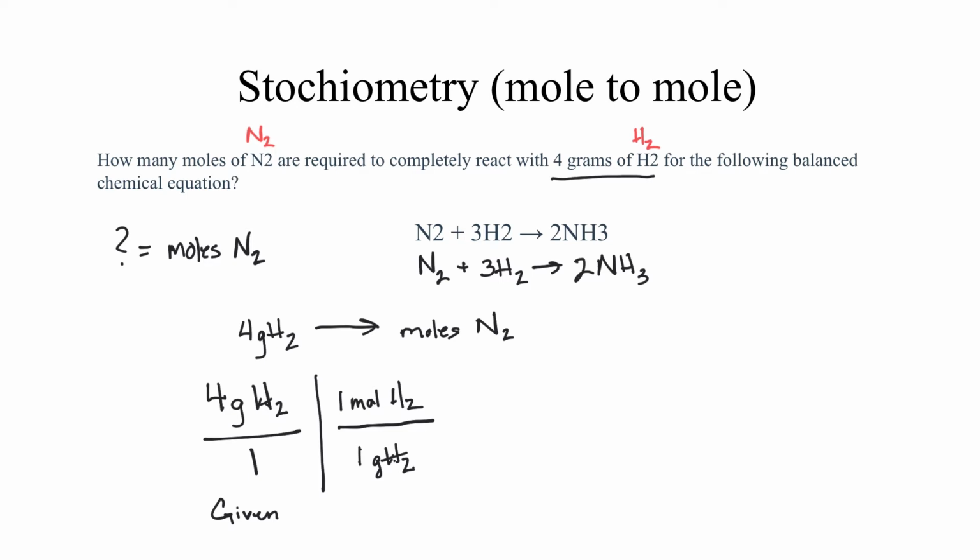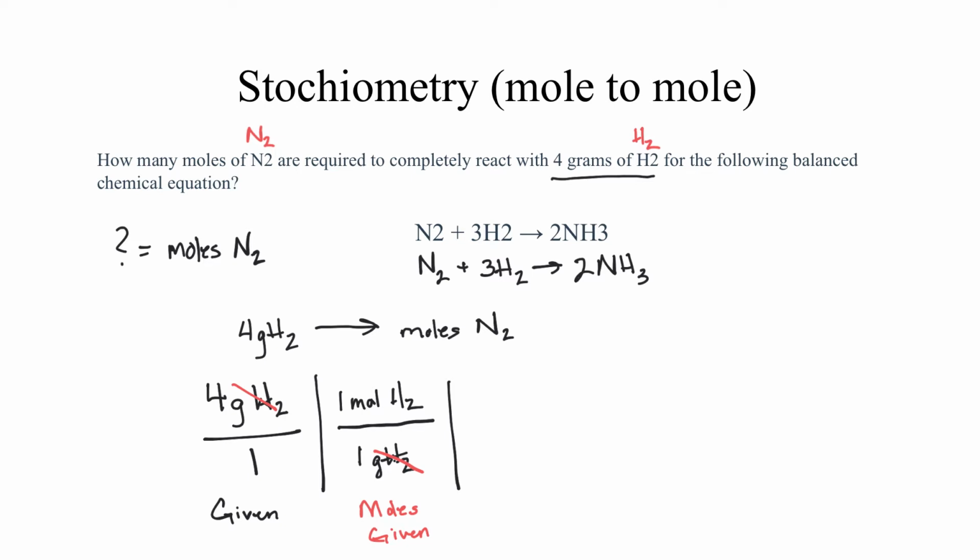So we're going from grams of H2, what we're given, to moles of our given. And now we can cancel grams of H2, right? And then we're going to go from moles of H2 to moles of N2 using our mole-to-mole ratios from the equation.